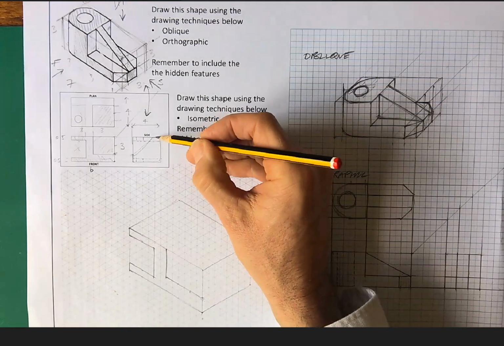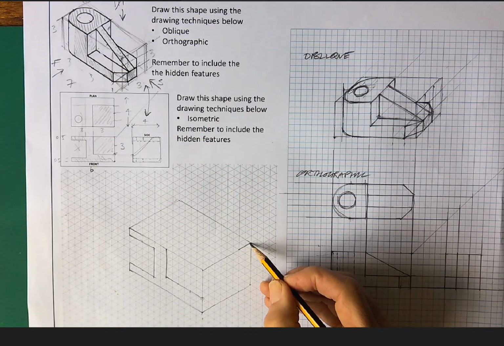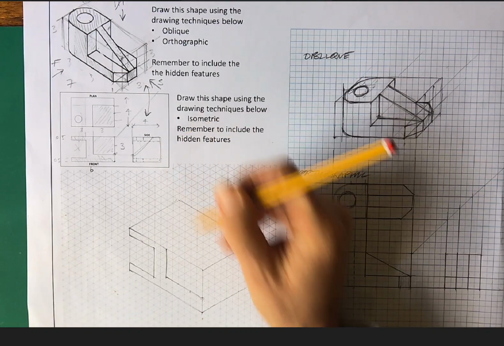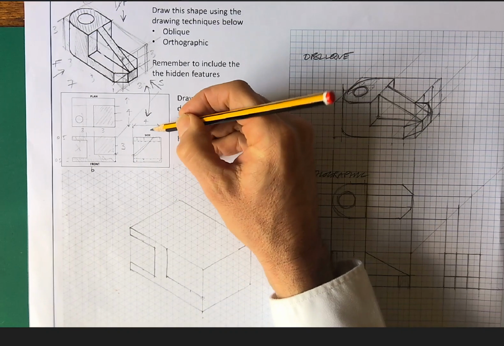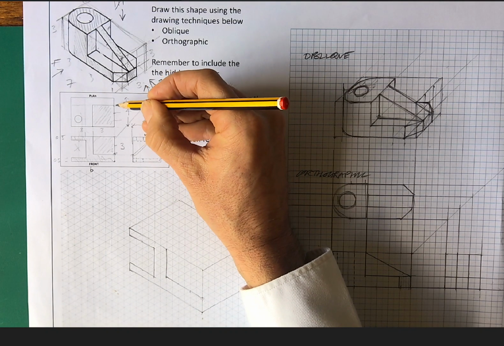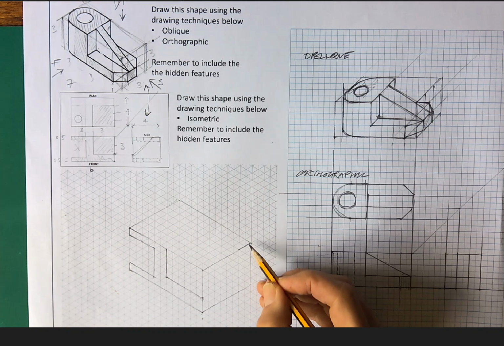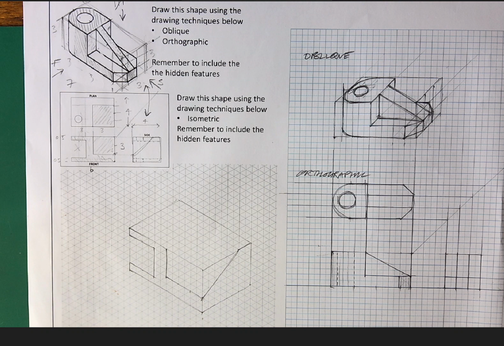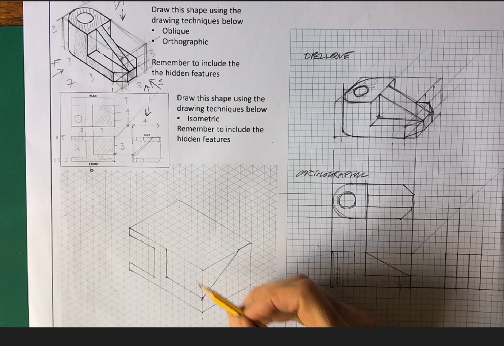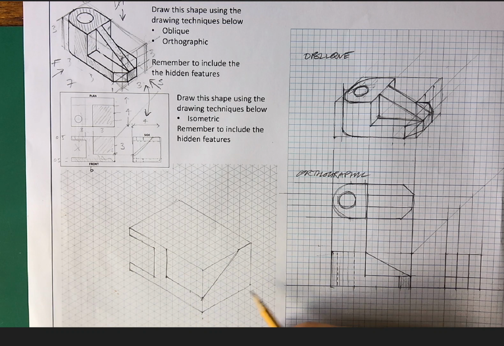And so all I've got to do is work out where the top of this angled section is going to be located. And we know from the plan that that's going to be 1 unit. So I'm going to come back 2 triangles and I'm going to put in that line. Brilliant, that's good. Now, exactly the same thing should be happening here.